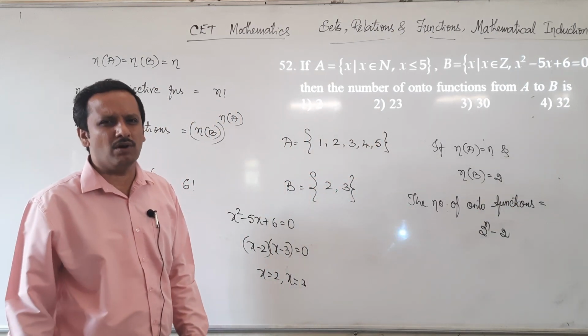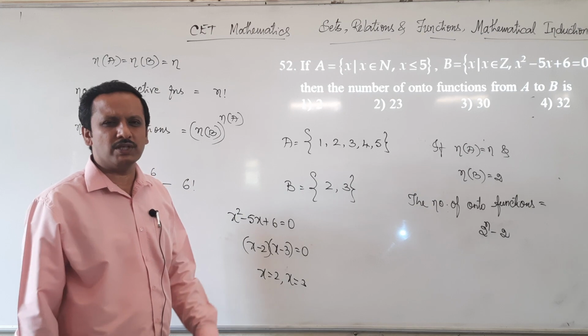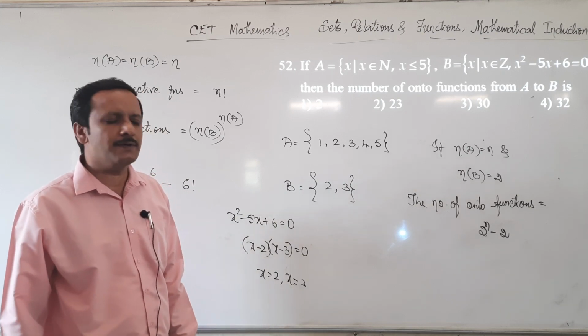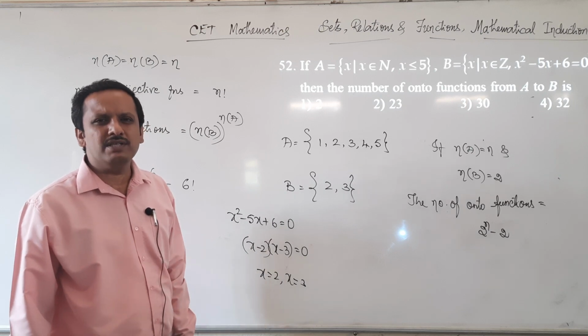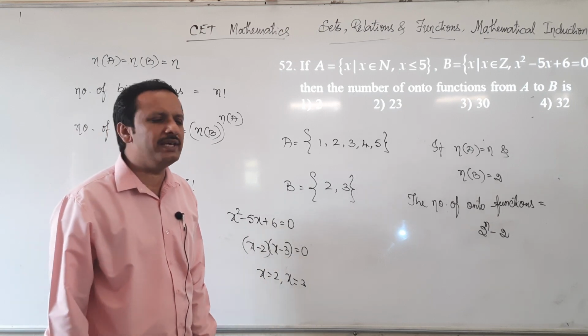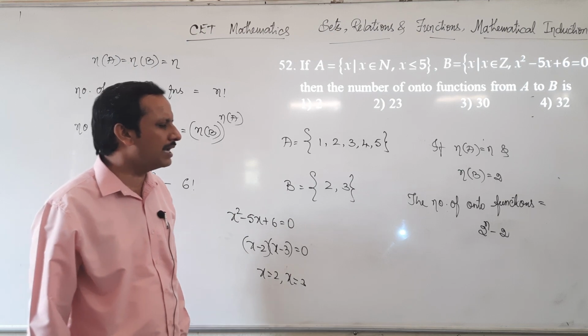If A has n elements, obviously n is greater than or equal to 2, because otherwise we cannot define onto functions. If A has n elements and B has 2 elements, then the number of onto functions from A to B is 2 to the power n minus 2.